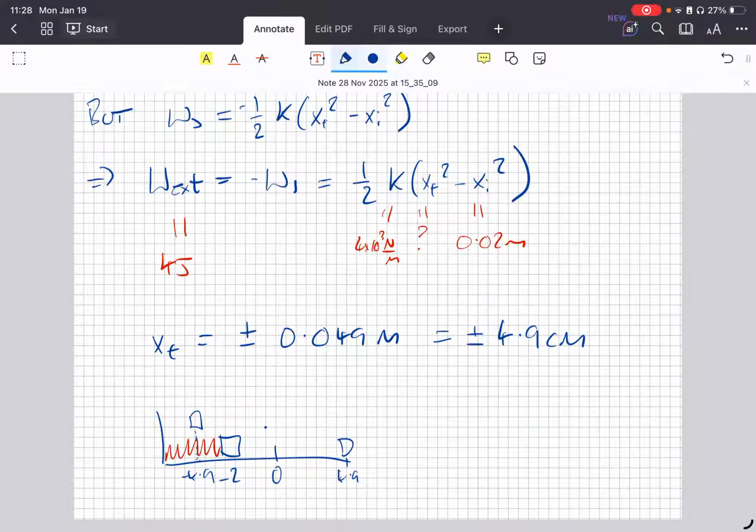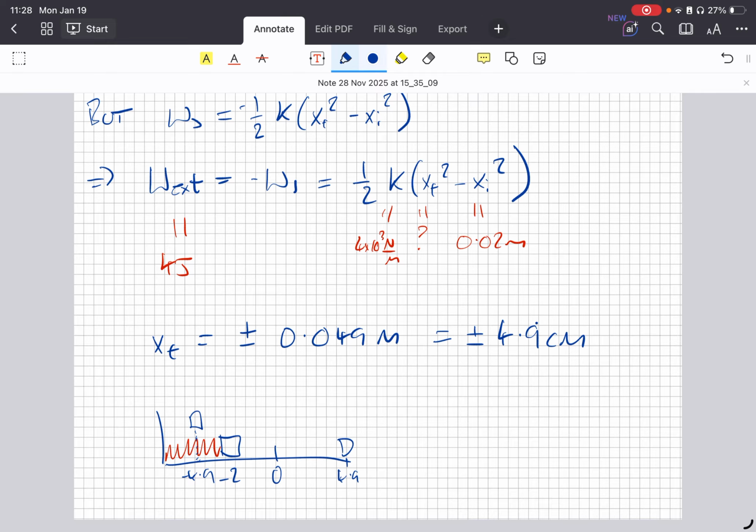It's just that in one case, the spring helps us a little bit as we're moving along here, and then we're working against the spring as we go here. So again, this balances out in terms of the work done. In this case, the spring is always working against us. So although we're moving a shorter overall distance from our starting position, the work done will add up to the same amount in either case.